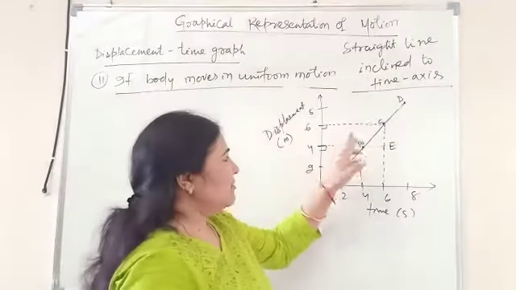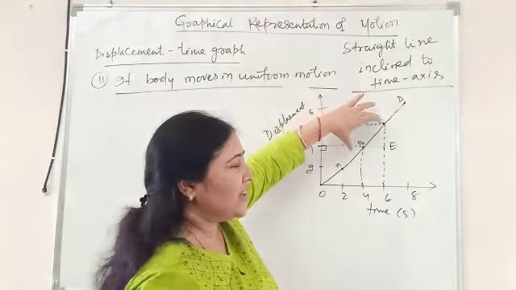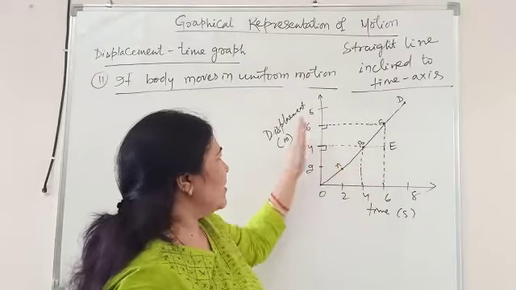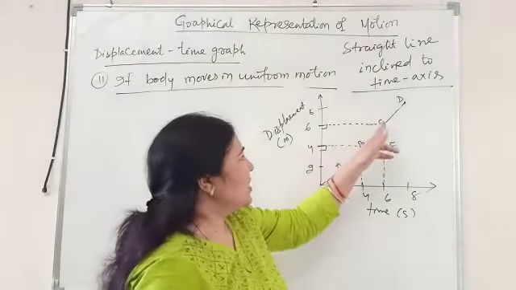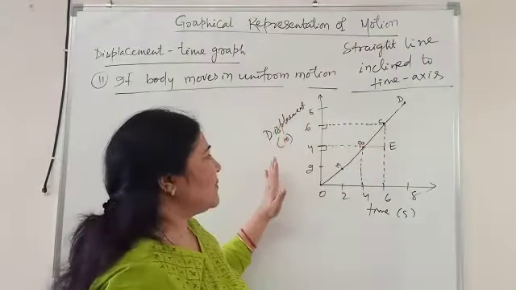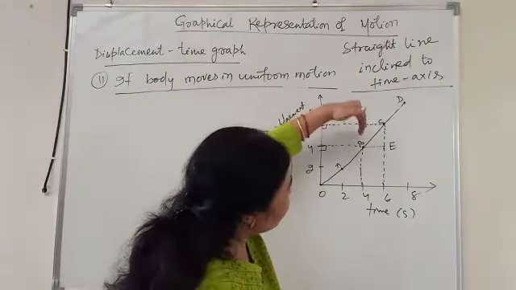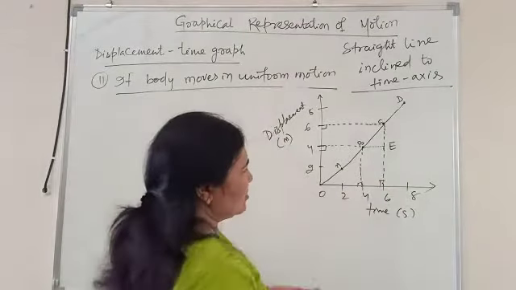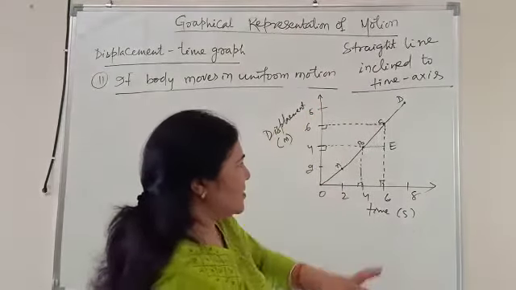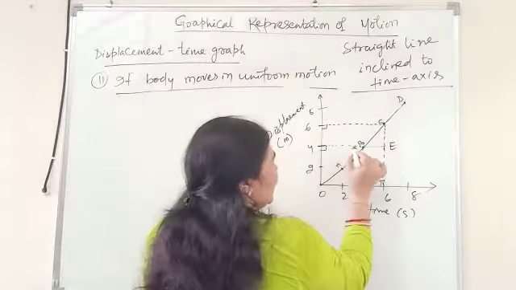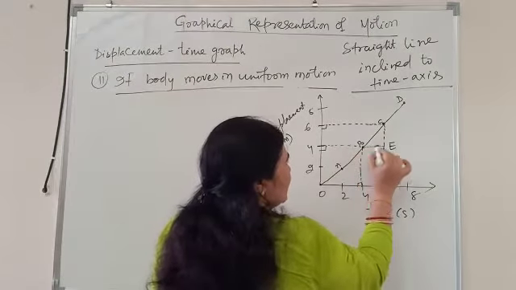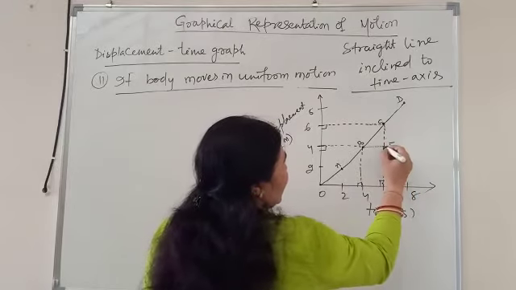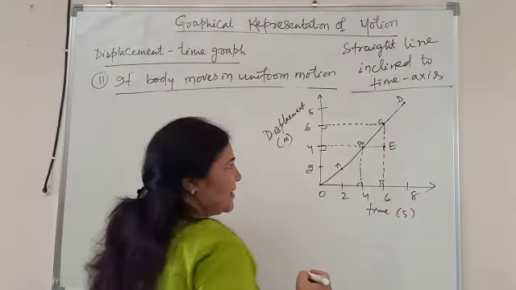First, I have taken 2 points on the graph, any 2 points, B and C. From B I dropped a perpendicular on the Y axis or displacement axis, and from the point C also. From the same 2 points, I have dropped 2 perpendiculars on the time axis also. I extended this line a little forward so that it intersects the other line, and the point of intersection I have named E.